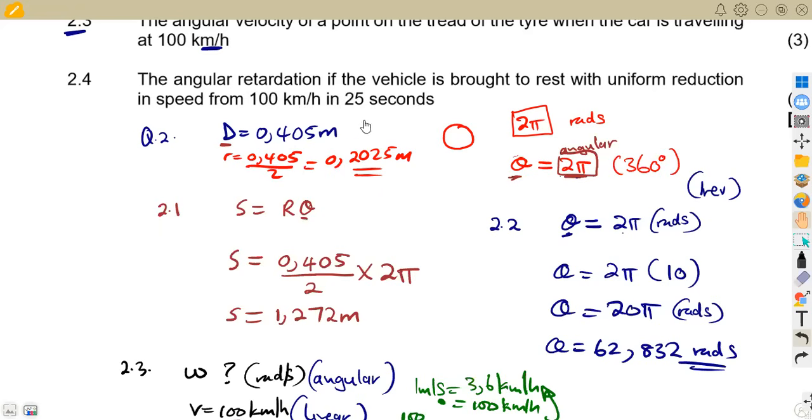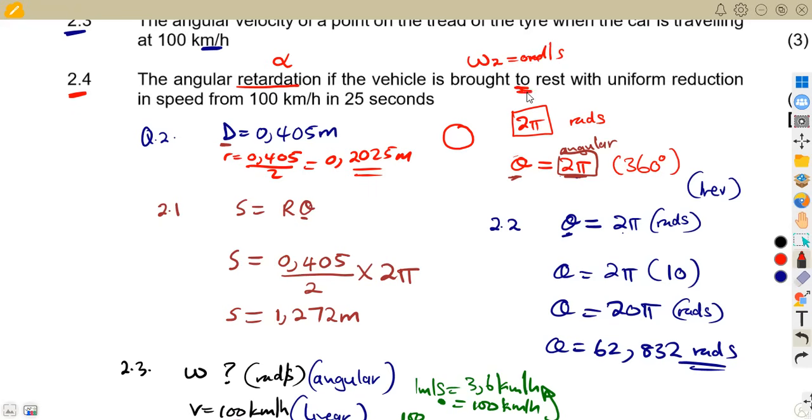Let us go stage by stage. The angular retardation means we need to calculate alpha. If the car is brought to rest, then our final angular velocity omega is 0 rad per second.